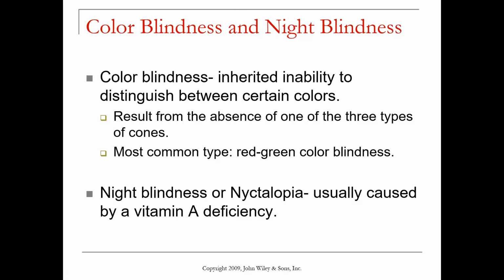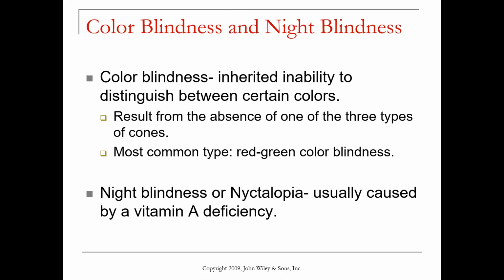It usually shows up as a sex-linked, recessive trait passed on to male offspring from their mothers. Most males have red-green color blindness, and the gene for it is carried by their mother and passed on to the male offspring.